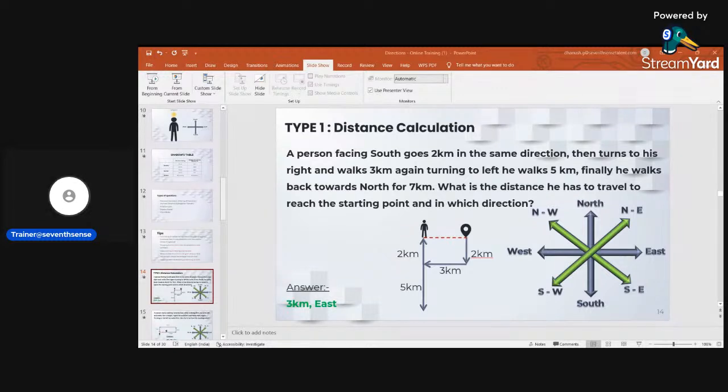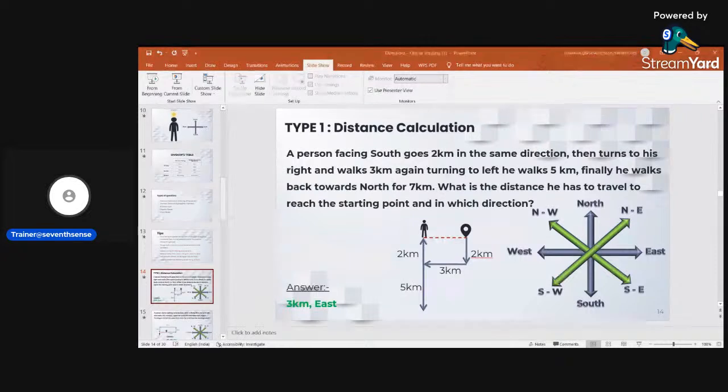So he takes left and walks for 6 kilometers, and then he turns right and walks for 8 kilometers, and then he goes back 20 kilometers straight. That means this is already 8, and then he will go back for 12 kilometers. So 8 plus 12 is 20. So totally he goes back for 20 kilometers.